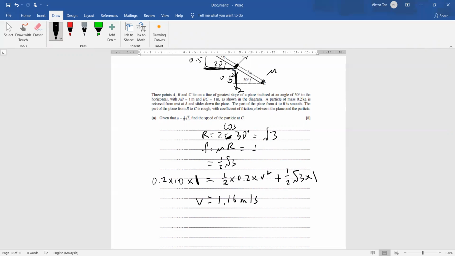So this is half root 3 times root 3, which will be 1.5. So the friction is 1.5. So all the answers here are wrong. So this is 1.5 times 1.